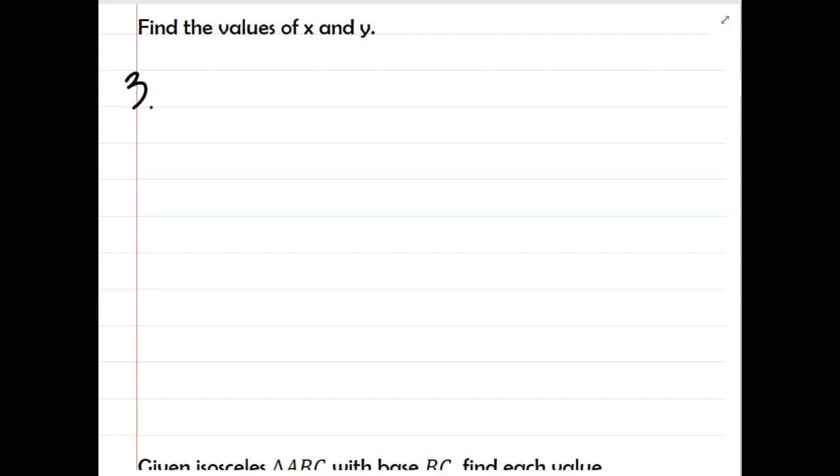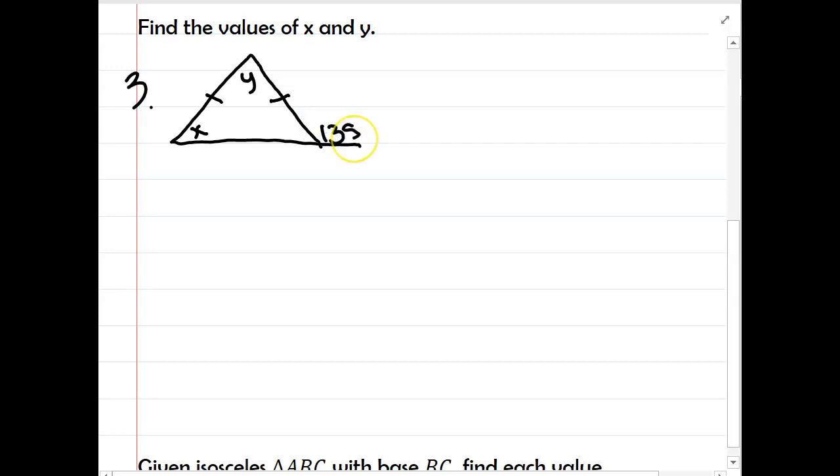Okay, so let's do a triangle that looks like this. It's an isosceles triangle, so we'll mark those top two sides as congruent. This bottom left angle is going to be x, the vertex angle is going to be y, and the exterior angle is 135.